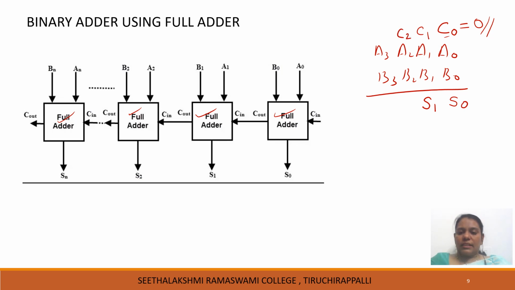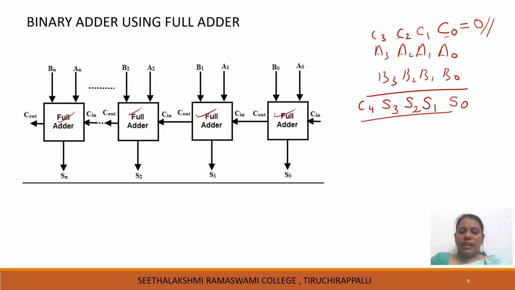Then the third full adder will have C2, A2, B2 as their input to produce a sum of S2 along with the carry of C3. So when the final full adder adds these three numbers, you will have a sum S3 along with the carry C4. So this is how a 4-bit binary adder works with a full adder.